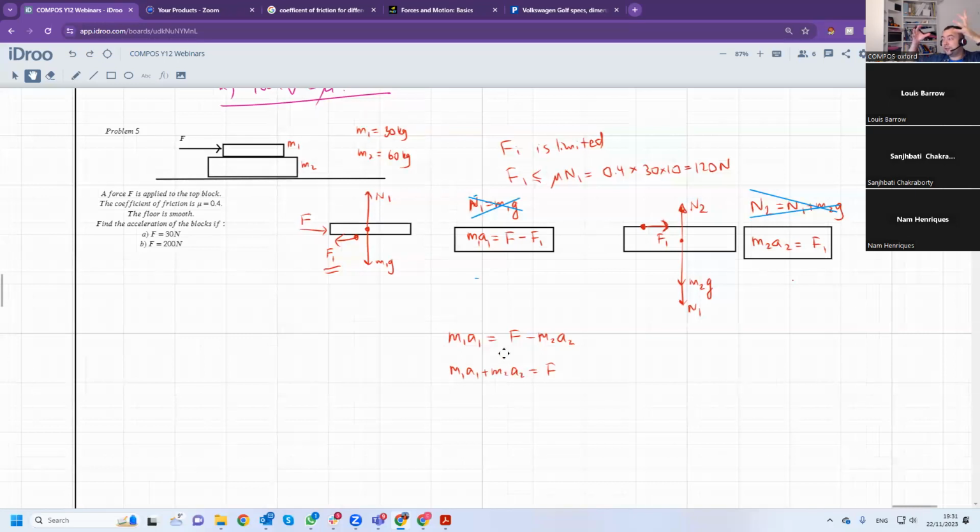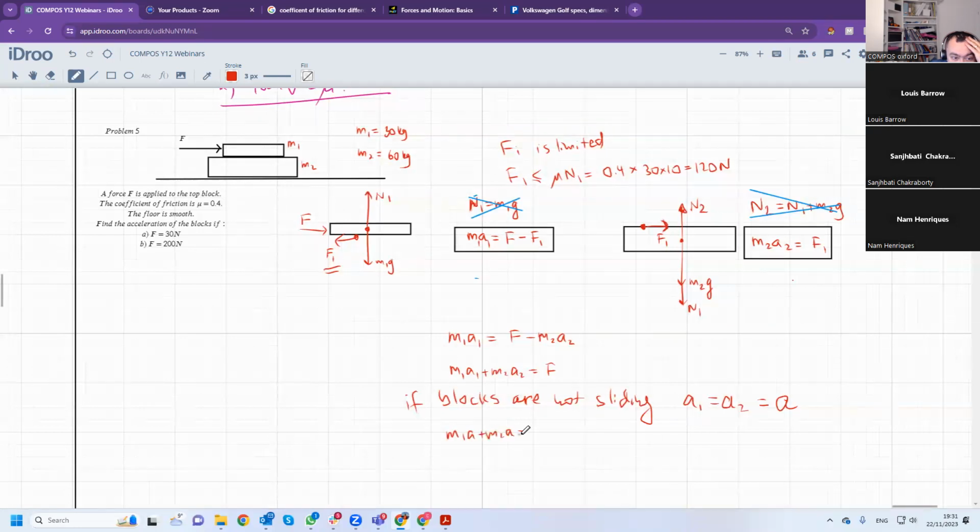But if the blocks are not sliding, then A1 is equal to A2, and let's call it A. So M1A plus M2A is F. So acceleration is F divided by M1 plus M2.